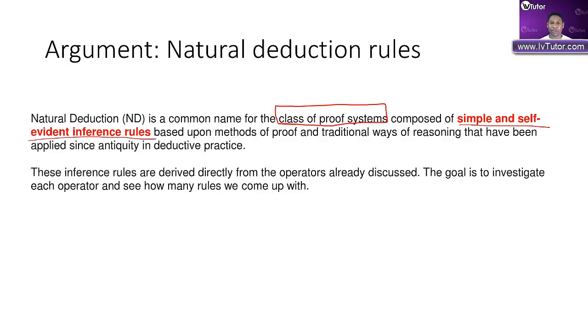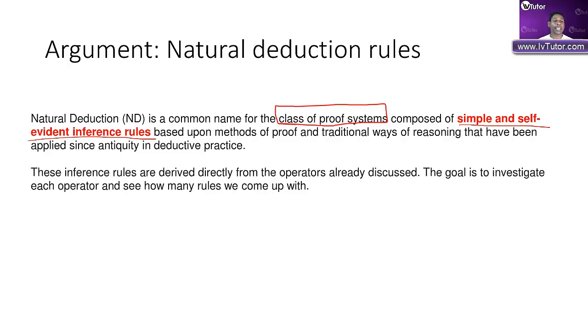This is important to understand, especially when you're attempting the questions. They are simple and self-evident. The rule has to be right at your fingertips. If it becomes too complicated, or if you start doubting your rule, probably it is not correct, because they're supposed to be simple and self-evident.